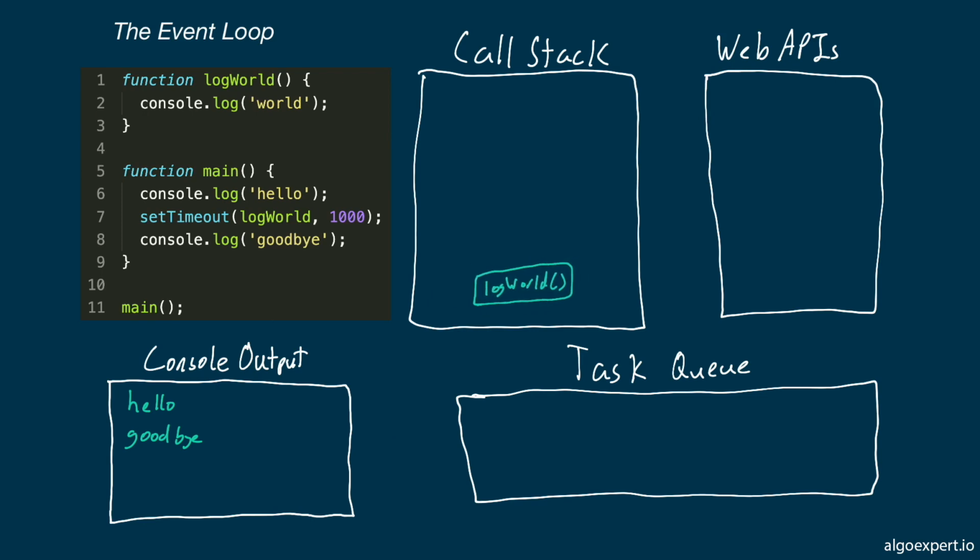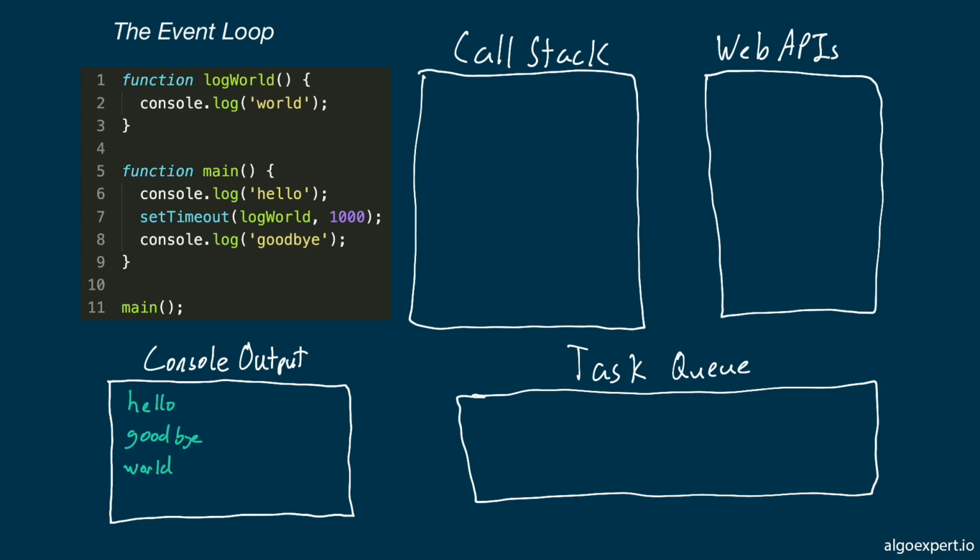From here, console.log world would be called, adding that to the call stack as well, and then it would log out the string of world. And then finally, both of these calls will be removed from the call stack. First, the console.log call, because we always start from the top of the stack, and then the call to log world. And this will completely empty the call stack, which means that we are done executing the code.